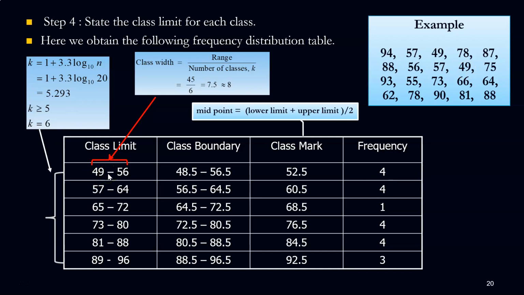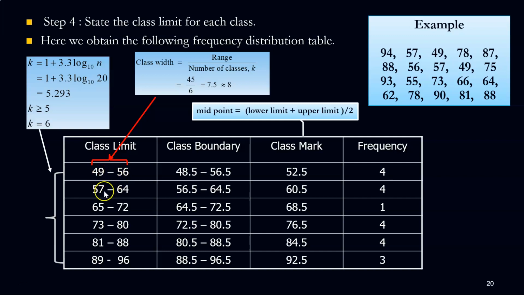Since kita kata kita punya class width tadi 8, maksudnya ada 8 nombor. Start from 49, you kira lah 8 nombor. 49, 50, 51, 52, 53, 54, 55, 56. So daripada 49 ni until 56 ni ada 8 nombor. Itu maksud dia class width.